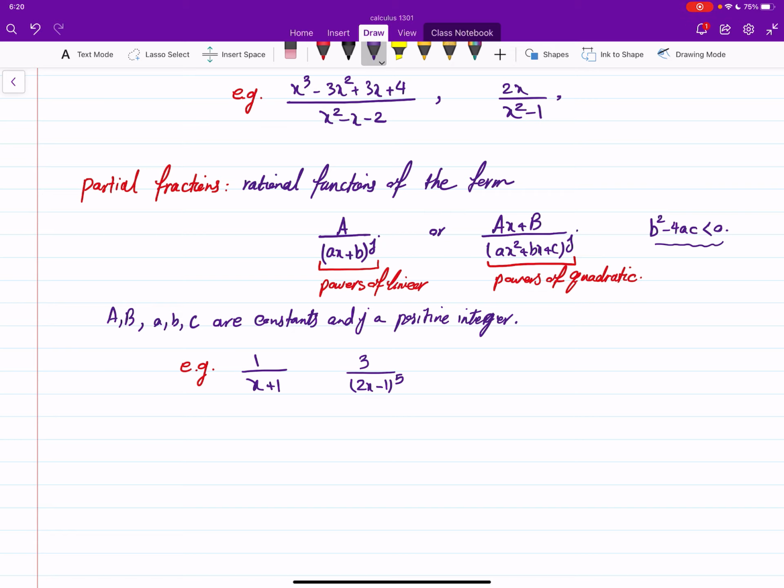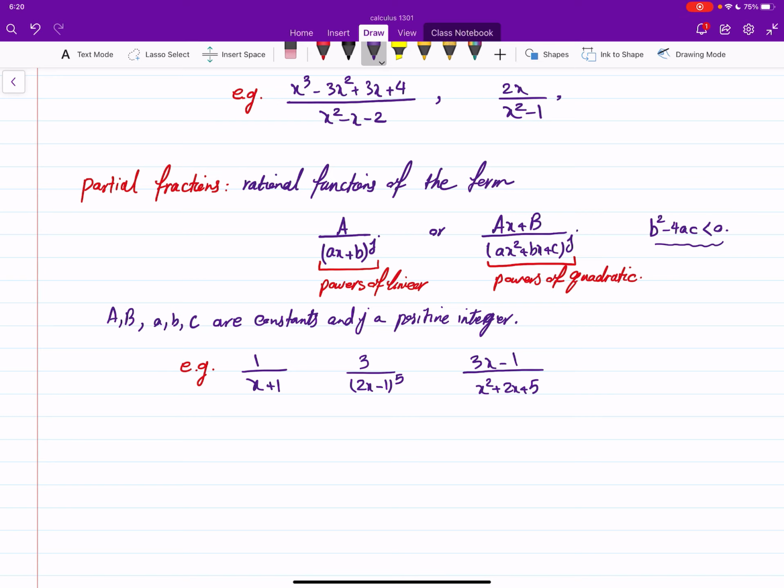Or the quadratic form, the powers of quadratic form, it could be something like 3x minus 1 over x squared plus 2x plus 5, or any powers of that.